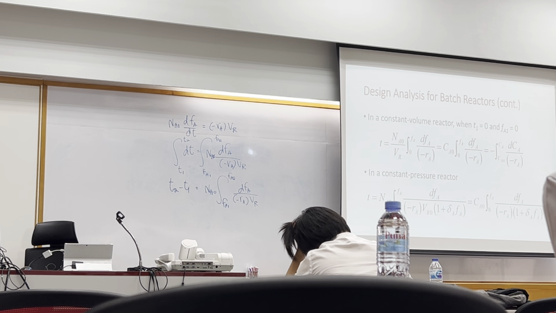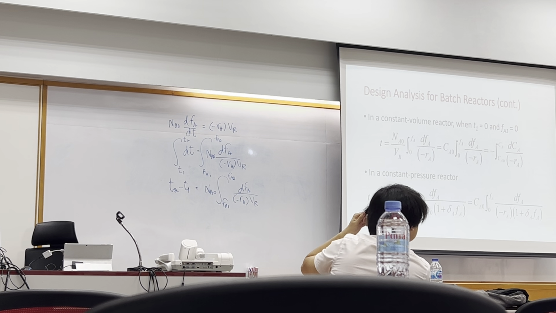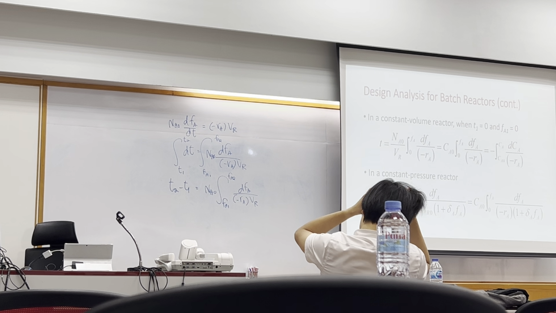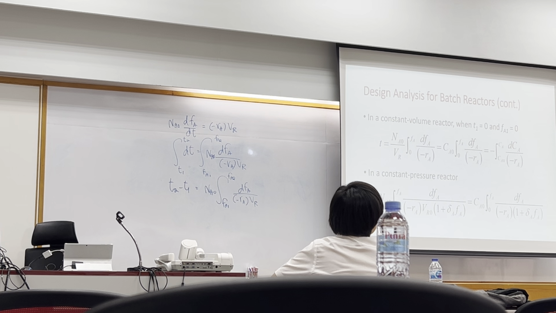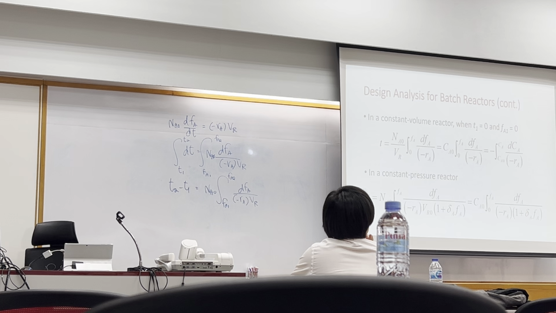We've seen that in an example like nitrogen plus 3 hydrogen gives 2 ammonia, right? 4 moles on the reactant side, 2 moles on the product side. So this will have some kind of change in volume as the reaction proceeds, okay? So with this, we already deal with that.